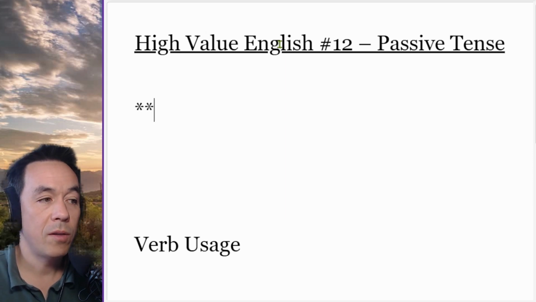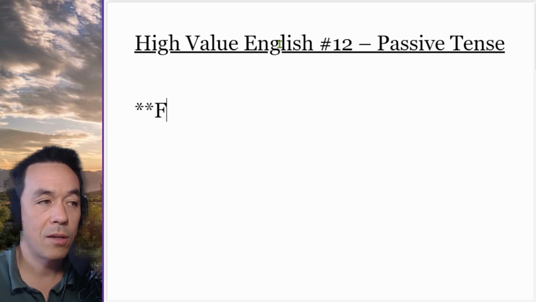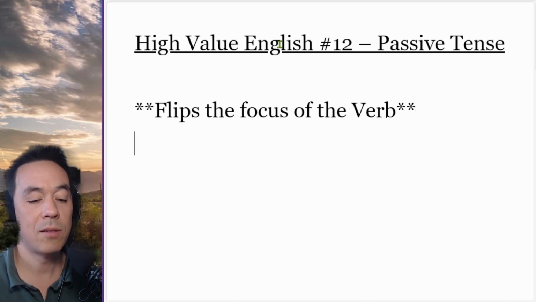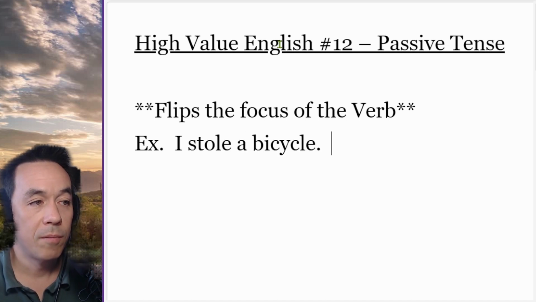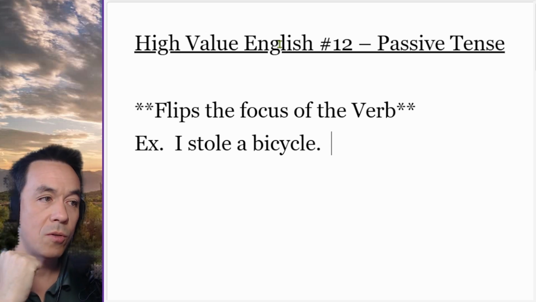But this style, I explain it to my students: it flips the focus of the verb. So what does that mean? Let's use some examples. For example, I stole a bicycle.